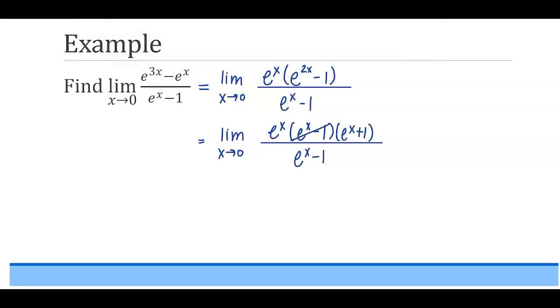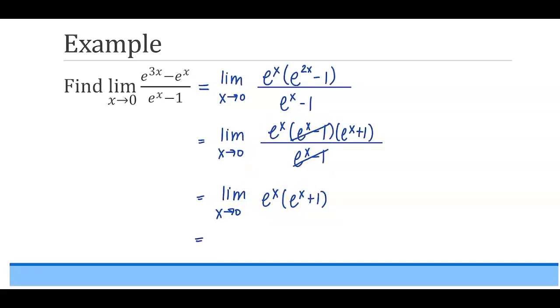So after I go ahead and cancel those factors out, I have the limit as x approaches 0 of e to the x times the quantity e to the x plus 1, and in the denominator, I have just 1. So now, after I've canceled, I'm going to go ahead and try direct substitution and see what happens.